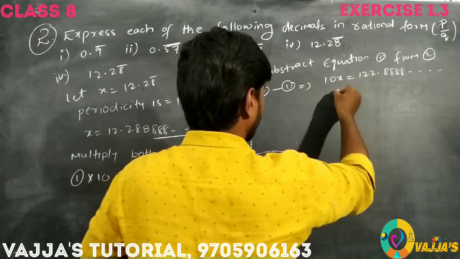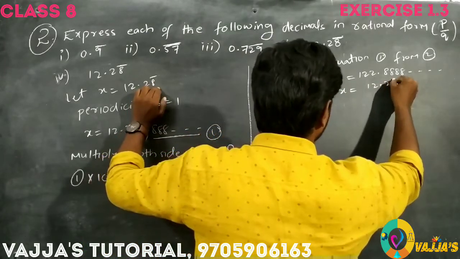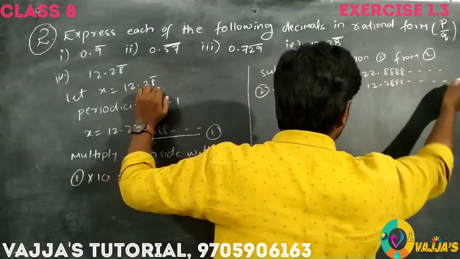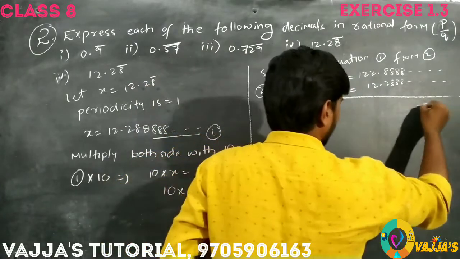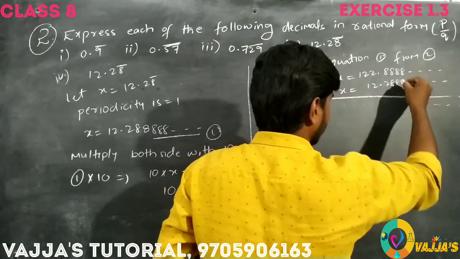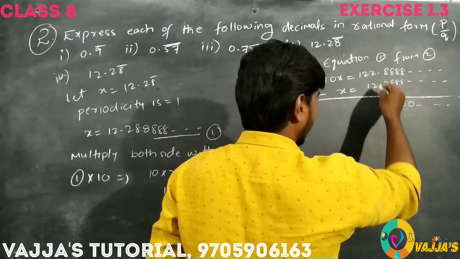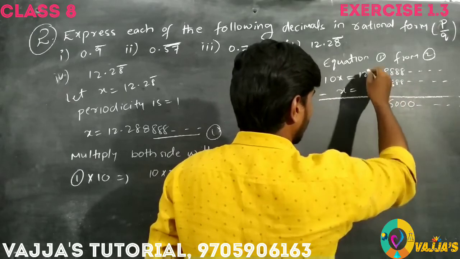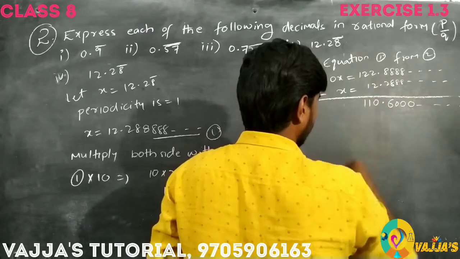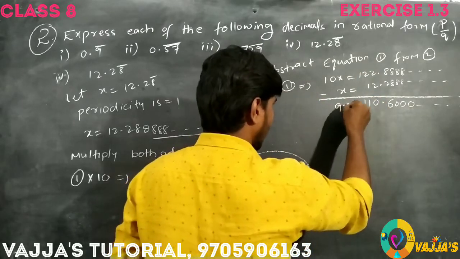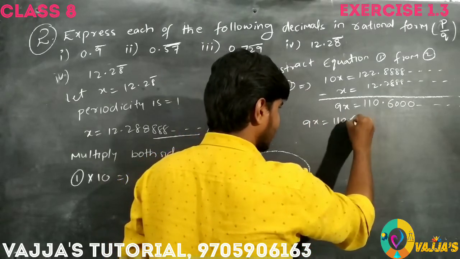What is equation 1? x is equal to 12.2888 and so on. Okay, so subtraction I am doing here. So on as it is, it becomes 8 minus 8, 0, 0, 0. Okay, so 8 minus 2, it is 6. Take the point as it is, it is 0, and 2 minus 1, 1, 1 as it is. Okay, so it is 9x here. So 9x is equal to 110.6.